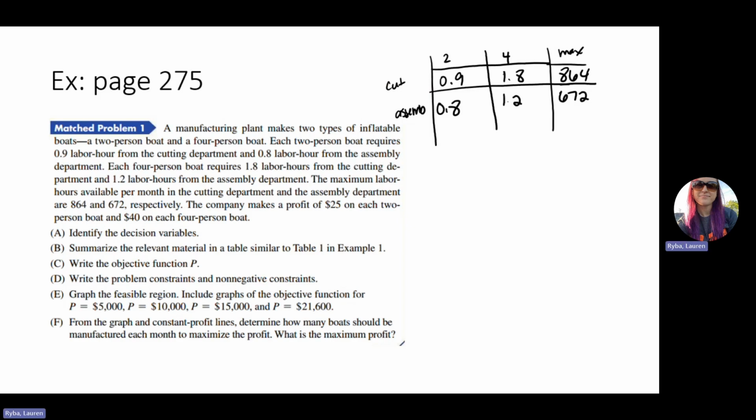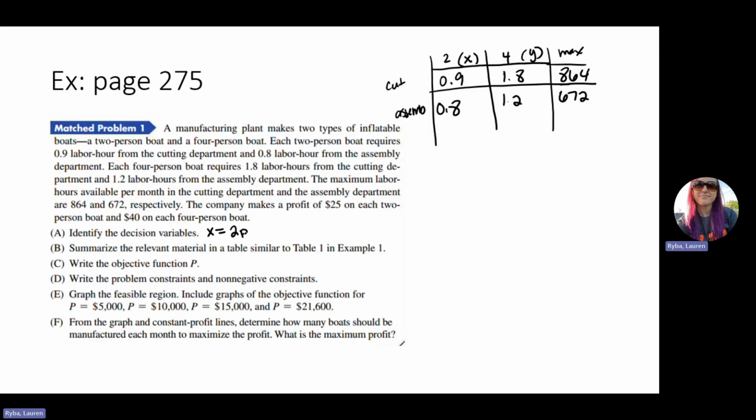So we're going to work through the entire process here. So A says identify the decision variables. Well, this is what they're making profit on. So we have two variables, X and Y, and they're going to represent our 2-person boat and our 4-person boat.